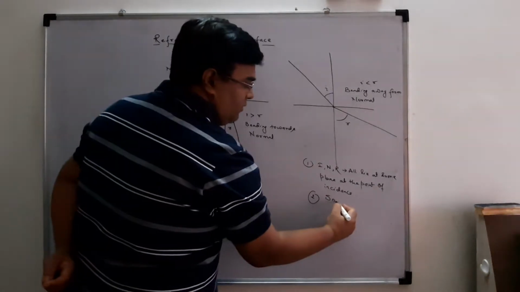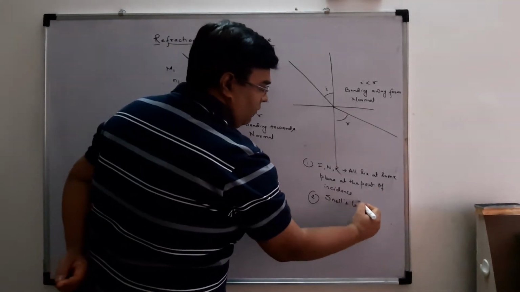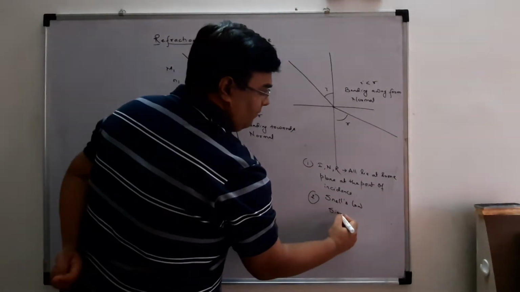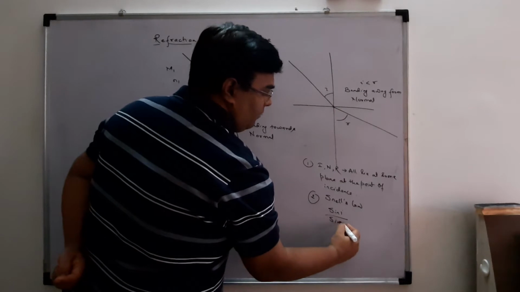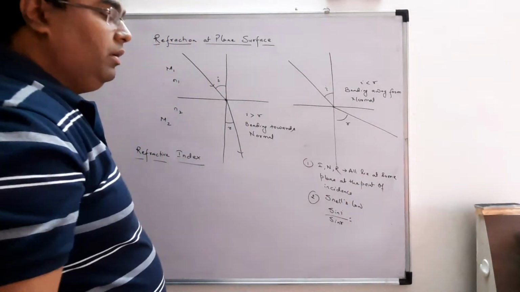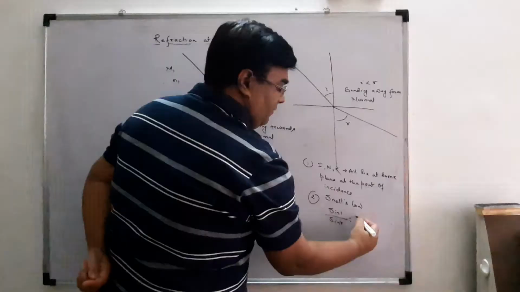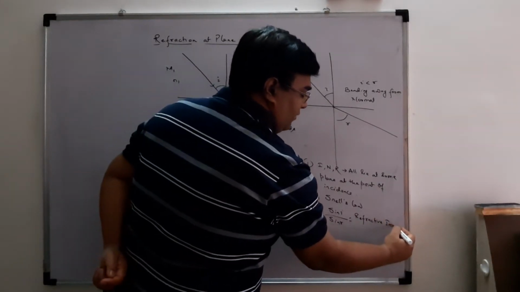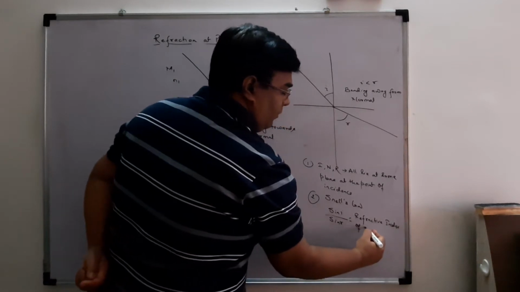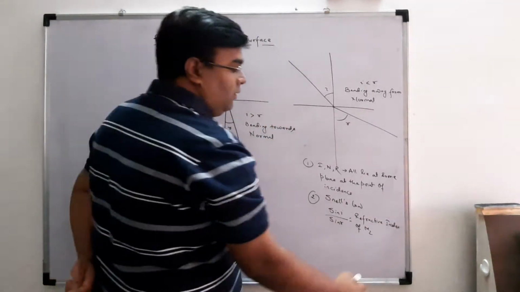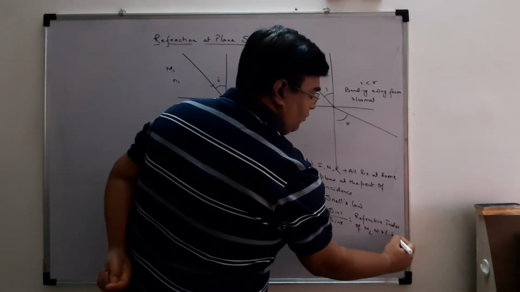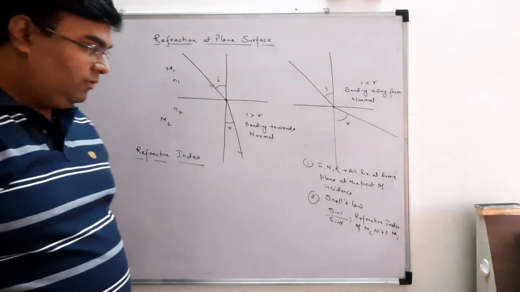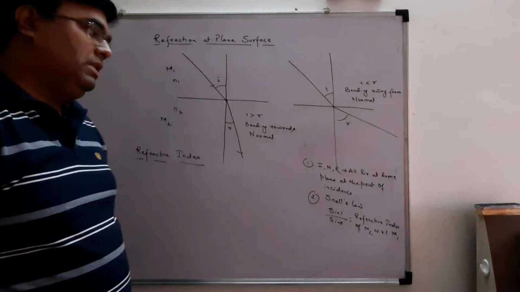And what is my second law? It is also known as Snell's law. Snell's law says that sin I upon sin R is equal to the refractive index of medium 2 with respect to medium 1. We will learn lots of things in detail about this law.